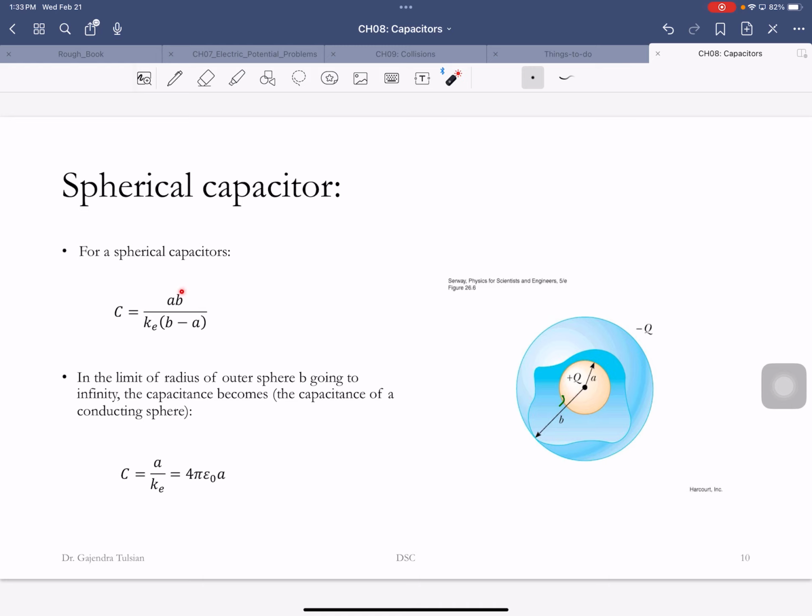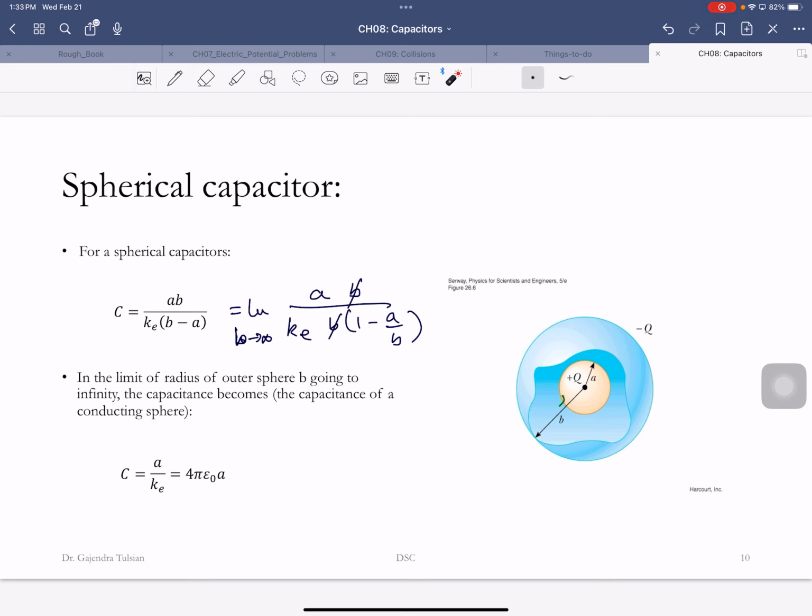of the capacitance. Now, if you make B go to infinity, meaning you just have the inner shell, this expression goes to A B over K E times B over 1 minus A over B. So in the limit B going to infinity, that cancels, this term goes to 0, and the capacitance just becomes A over K E, which is that.